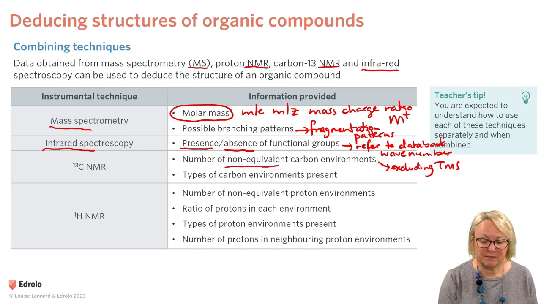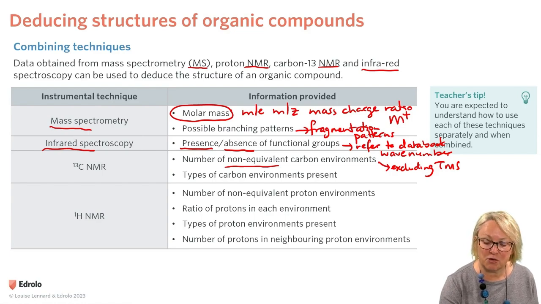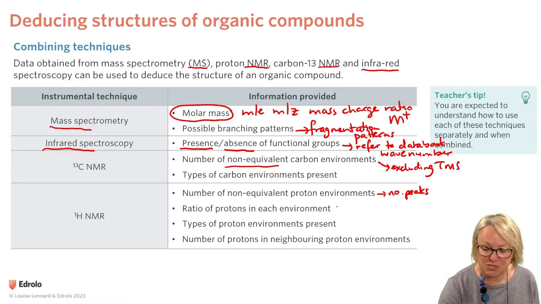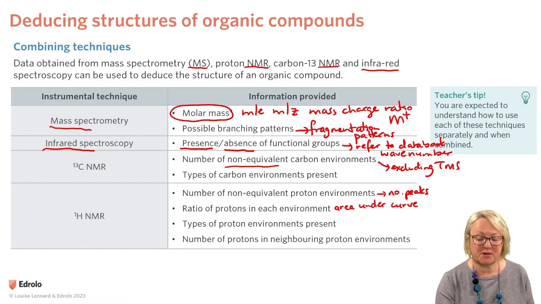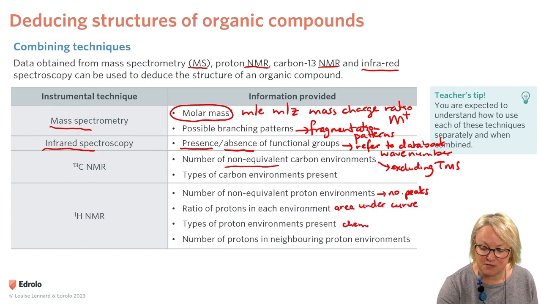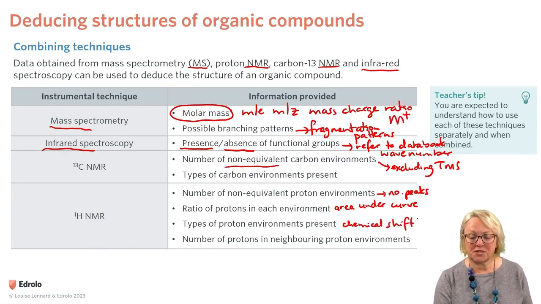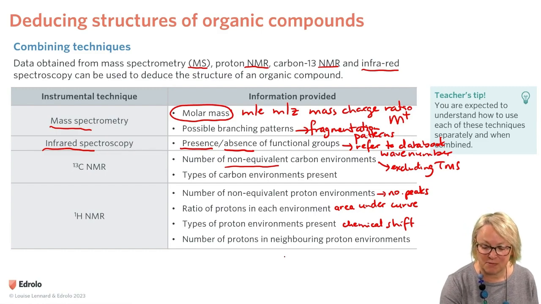Proton NMR, if it's high resolution, tells us the number of non-equivalent proton environments in the molecule by the number of peaks, excluding TMS, the ratio of protons in each environment, which is the area under the curve, the types of proton environments present, looking at chemical shift and comparing that to the data book, and the number of protons in neighbouring proton environments using the N+1 rule.